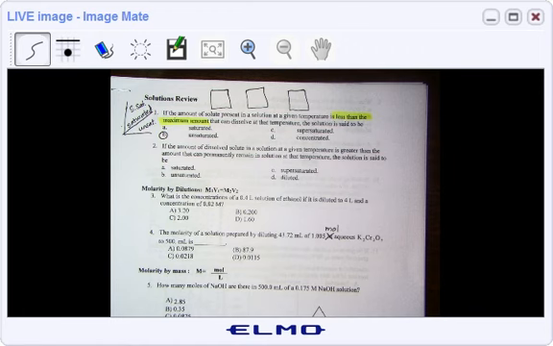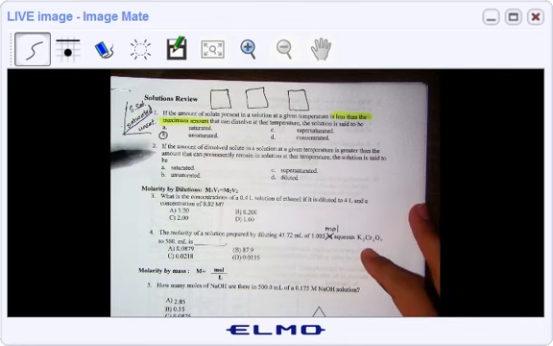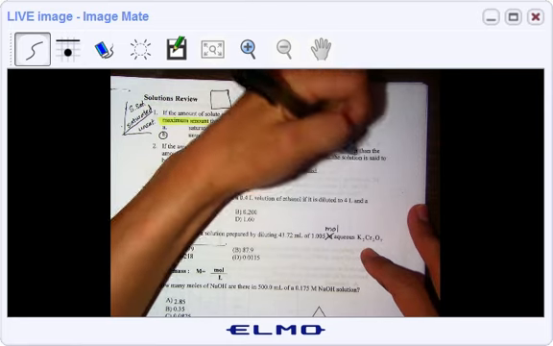When something is saturated, it's full already. It cannot absorb more unless you manipulate it in some way. When we're talking about solutions, you can add heat. When you add heat, you can force a little bit more to go into the solution. That's supersaturated.